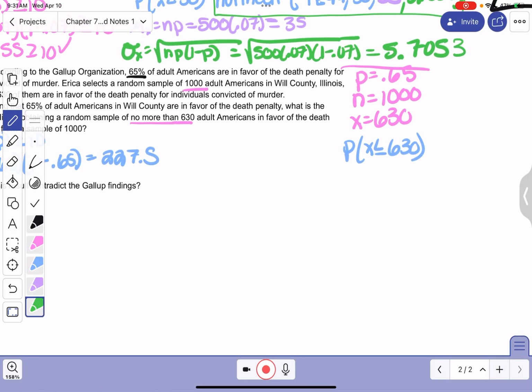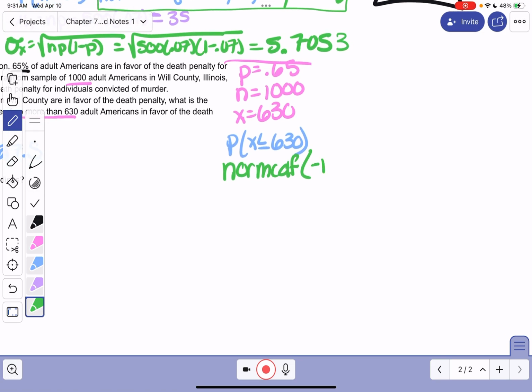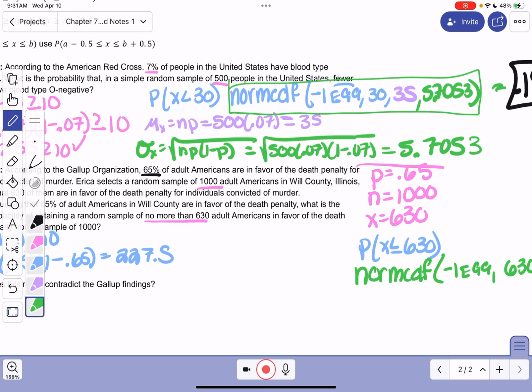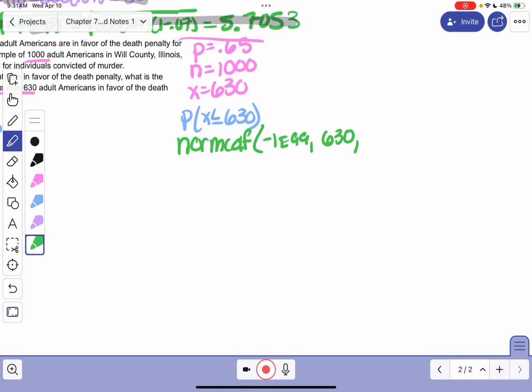So we can use norm CDF. We're less than again, so negative 1E99, 630. Now, we could do the math like we did up here in number 1. We could absolutely do these out and type those in, but another option is to just type it.